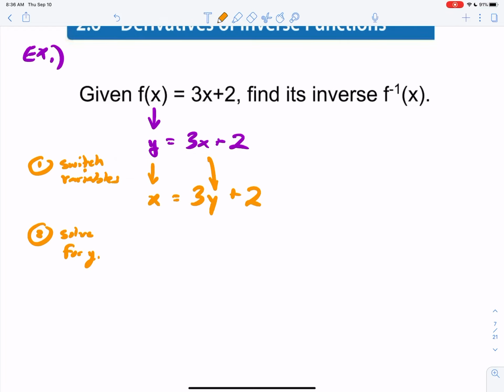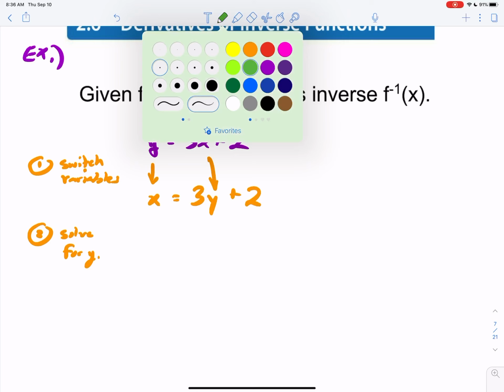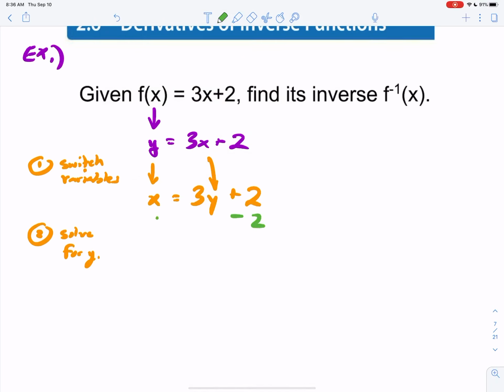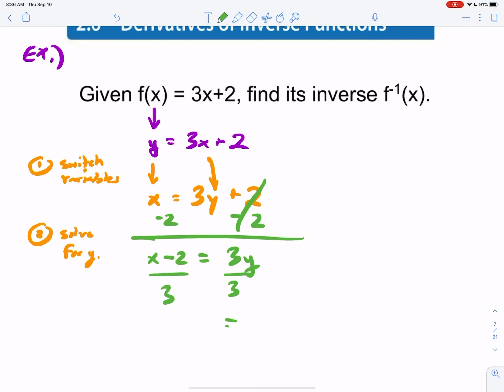So good first step. And I'll move pretty quickly here because it's just algebra. We're going to go ahead and subtract 2 on both sides. We have x minus 2 equals 3y. And then we're going to divide by the 3. So y here will equal x minus 2 all over 3. The moment y is isolated, we have found our inverse.